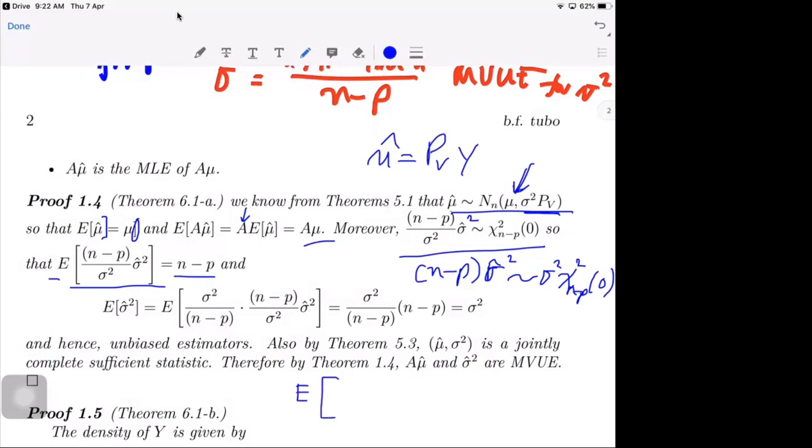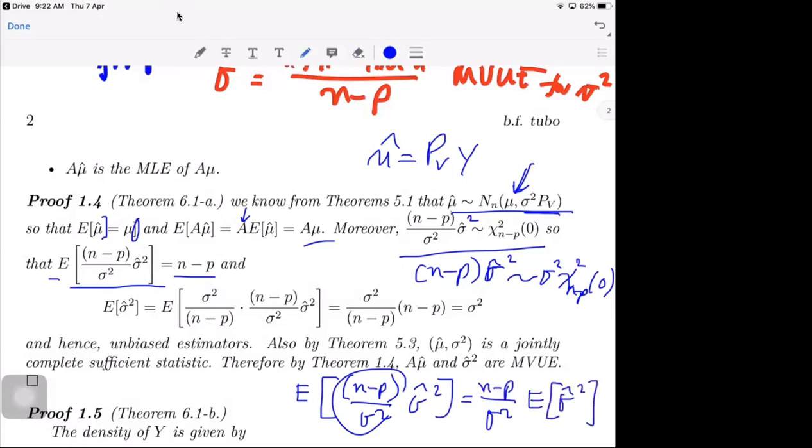So the expectation of N minus P over sigma squared, sigma hat squared, this is a constant with respect to expectation. So this is just equal to N minus P over sigma squared and then the expectation of sigma hat squared. But this is the one with the n minus p denominator, no? So this is just equal to sigma squared. So cancel. So you have N minus P here.